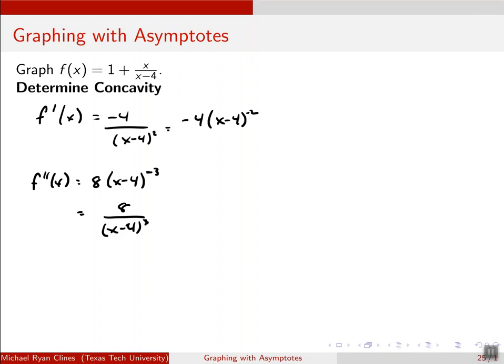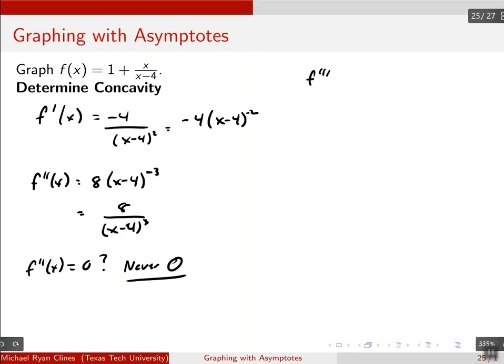Now, we need to determine where the concavity can change. And the concavity can change where the second derivative is equal to 0, and where the second derivative does not exist. So where is the second derivative equal to 0? Well, it's a fraction with a constant in the numerator. That means it's never 0. Fun. All right. Now what about where f double prime of x does not exist?